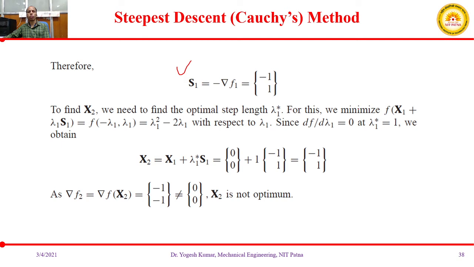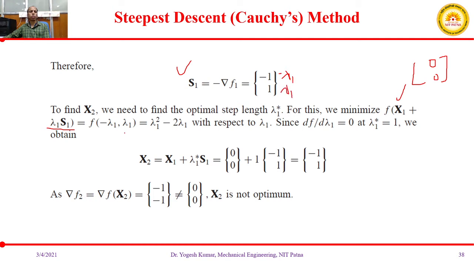optimum step length. So this will be f of x1 plus lambda 1 s1. x1 is 0 comma 0. If you multiply s1 by lambda, this will become minus lambda 1, lambda 1.